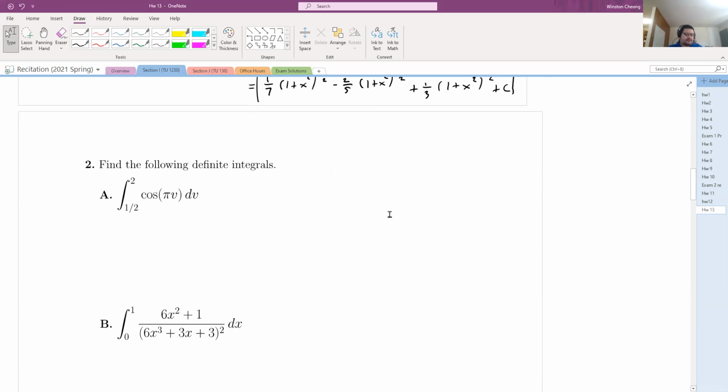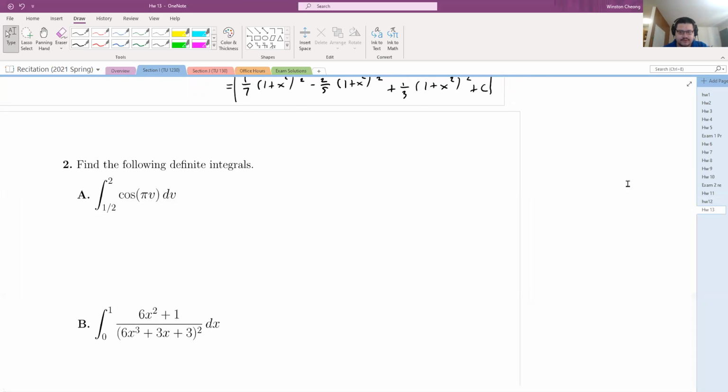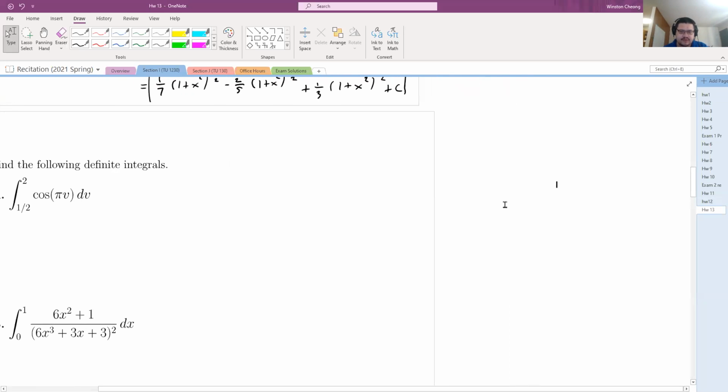Okay. So definite integrals now. There are two approaches that you can do for them. Let me try to write this off to the side.